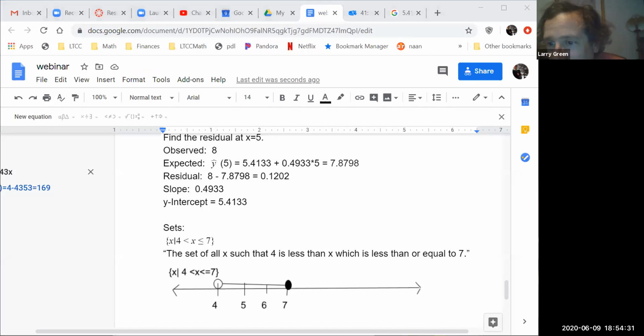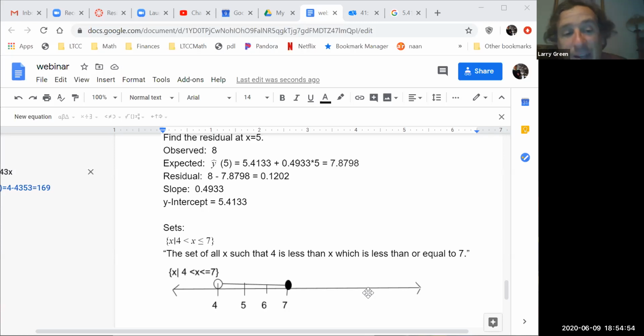Is x supposed to be smaller than or equal to 7? Yeah, less than or equal to. I didn't have the symbol when I was doing the drawing, so I had to write less than with the equal next to it. Okay, so it's not a perfect drawing, but it's all I can do on the drawing tool. And there's your graph.